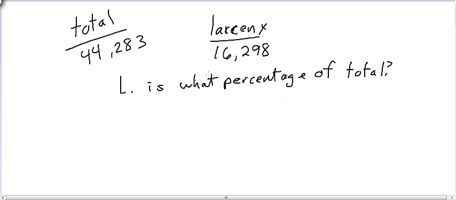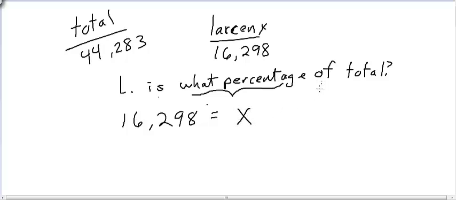So putting in my numbers, larceny is 16,298, is translates to equal. The phrase what number, what value, what percentage refers to our variable, and I'll call it x in this case. Of translates to multiplication. Total, we said, is 44,283.